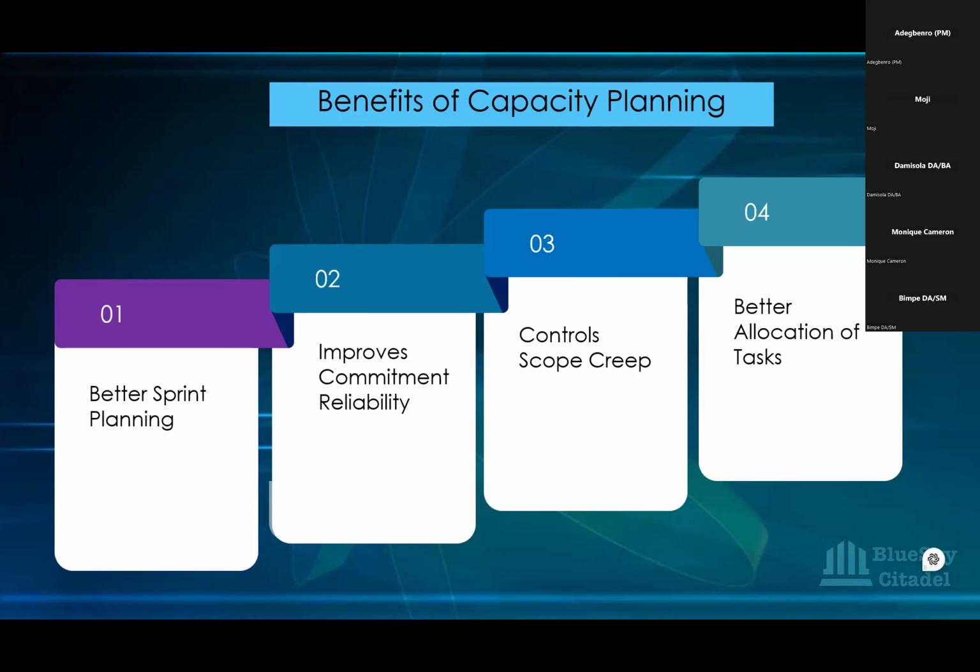It also controls scope creep. Scope creep is when you have additional work in the sprint that you were not initially planned. So these are works that you didn't initially plan during the sprint planning. There are times when the PO, the product owner, can come and say, okay, so this particular story we need to do. Maybe there's an issue on prod.